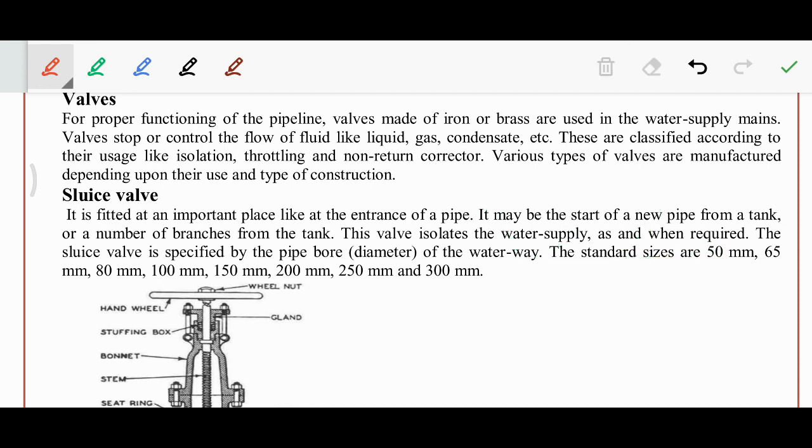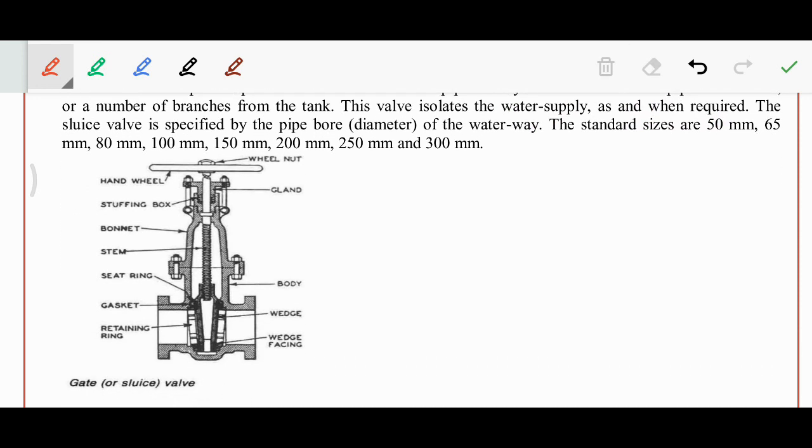Why I called this a gate valve is because you can see here there will be a shutter, a gate, which can be moved up and down with the help of a hand wheel. The water flow will be in this direction, for suppose.